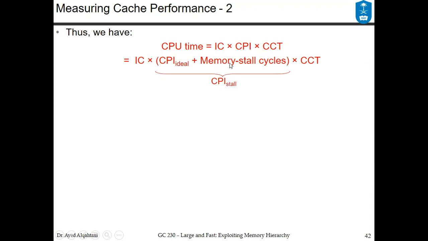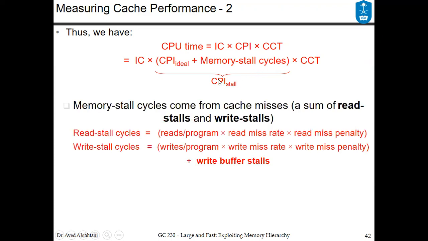Now, these memory stall cycles come from cache misses. And they are a sum of read stalls and write stalls. So if we calculate the read stall cycles, you need to know how many reads you have in a program. You multiply it by the read miss rate, and then you multiply it by the read miss penalty.